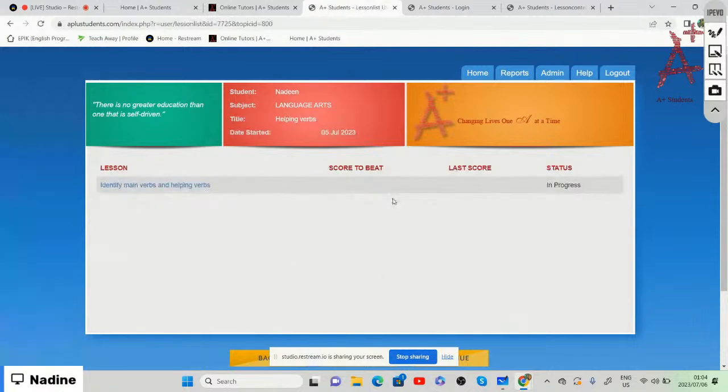So the chapter that we're focusing on is helping verbs. And our lesson is to identify main verbs and helping verbs, so we will be able to identify the main verb as well as the helping verb.